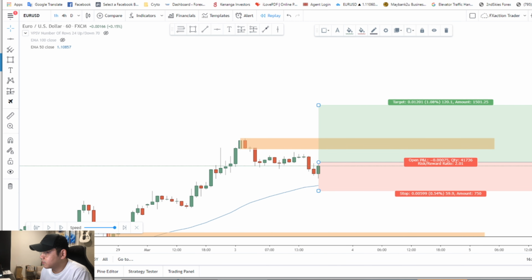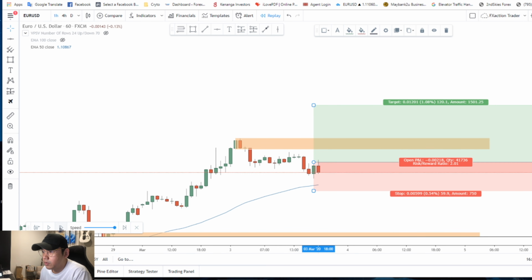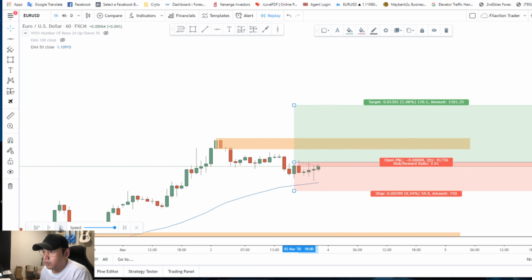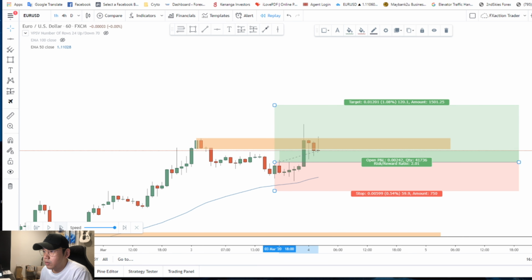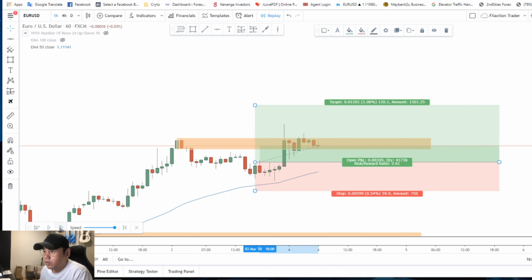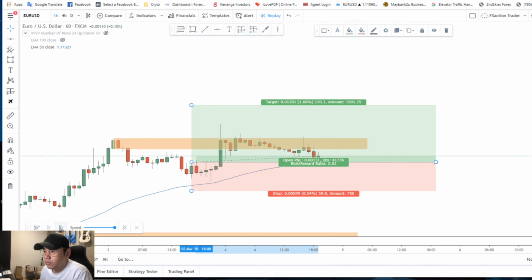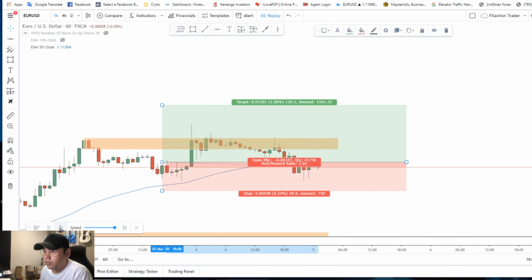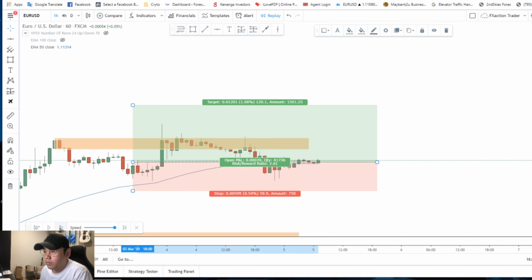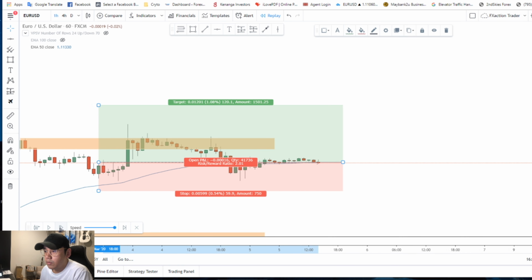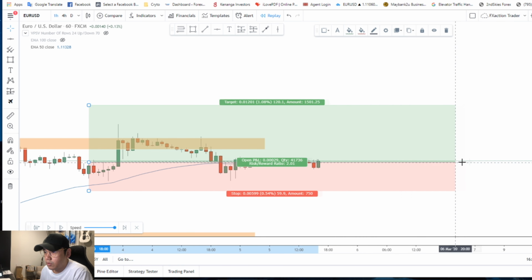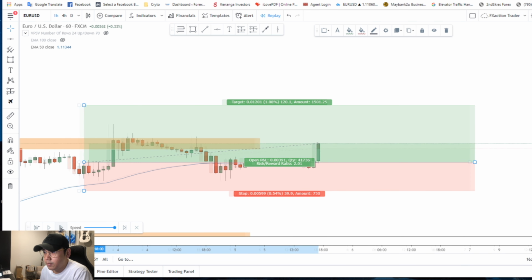So let us see how the market turns out. We need to hold for some time.